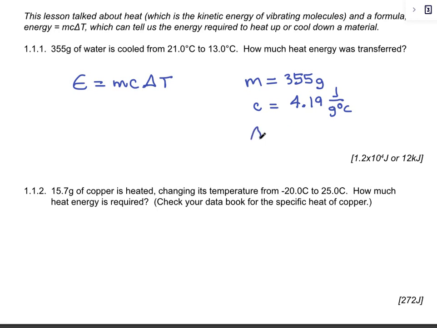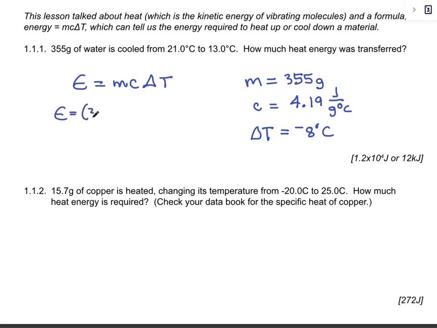And our temperature change, I already ruined the surprise on that, is from 21 to 13 is 8 degrees. Negative 8 degrees is technically better because the temperature went down, but for these calculations, the negative doesn't matter all that much, so you'll see I'm going to ignore it a lot.